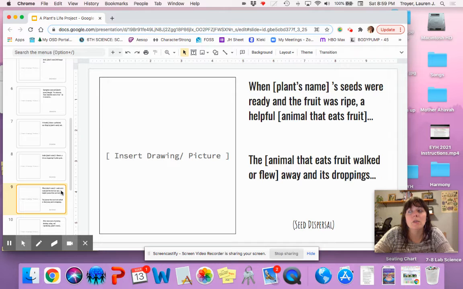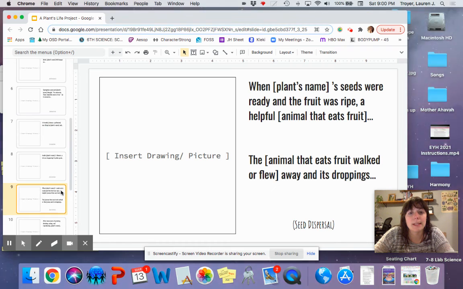Why are so many fruits so tasty? Because it's a reward for an animal to munch on it and then bring the seeds somewhere else and maybe poop them out again in a completely different environment where there's no competition from the parent plant. So that's what seed dispersal is.